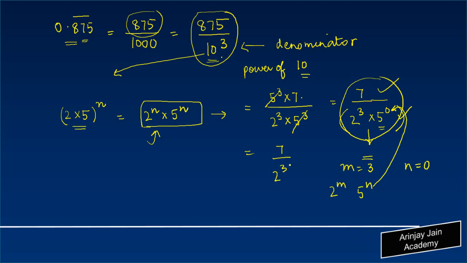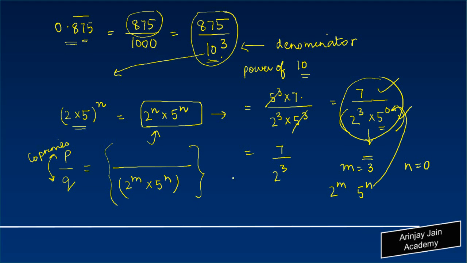So if you can express a rational number in the form p upon q, such that q can be written as 2 to the power m times 5 to the power n, and p and q themselves are co-primes, then we can say that the given rational number has a terminating decimal expansion.